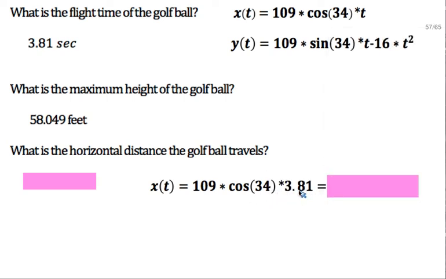You're not going to use half of the flight time, because I want to know the full time, the distance the ball travels from when it first gets hit to when it lands on the ground again. Okay, so I'm using the 3.81 in my x equation.